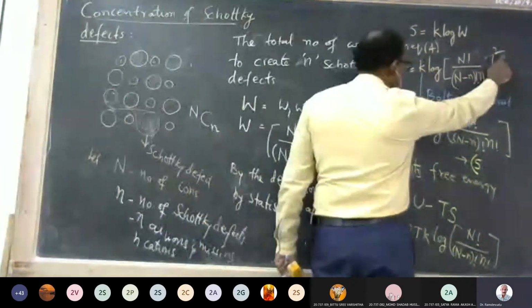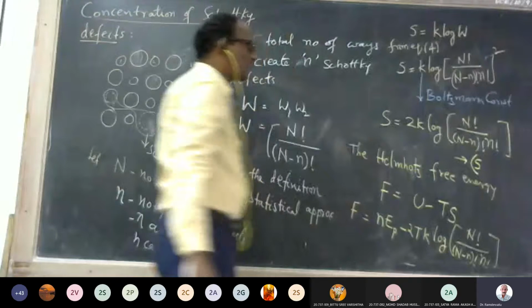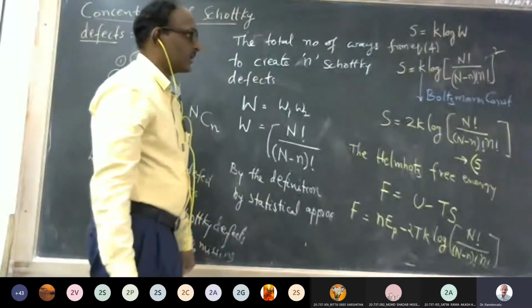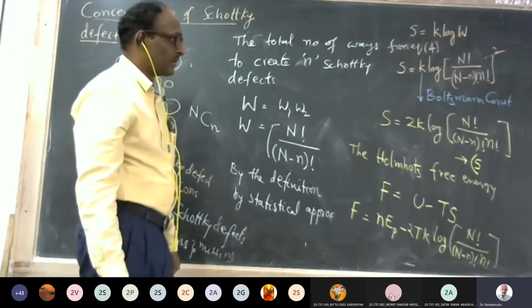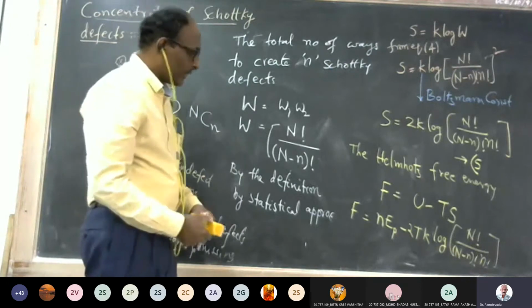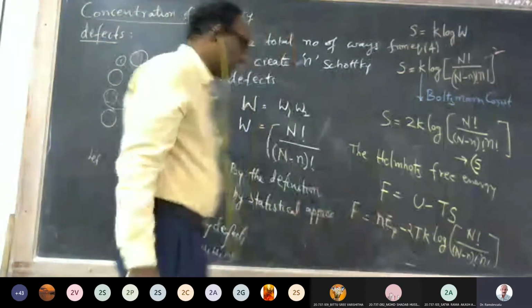Because we have a square here, I have taken this as 2. Thereby, we have F equal to this equation.